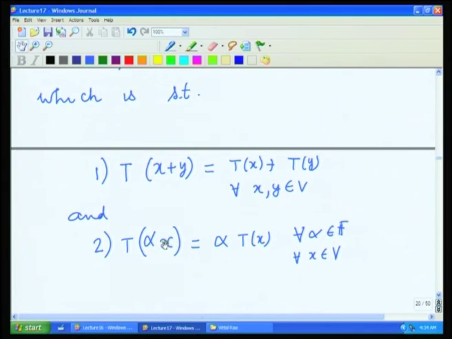So, this is a scalar multiplication in V. This vector T x is in W, because T takes vectors from V to W. So, this is a vector in W and we are multiplying by a scalar. So, this is a scalar multiplication in W.